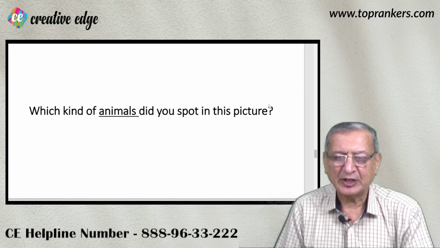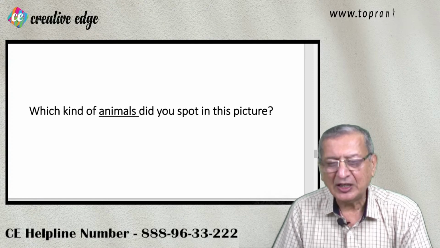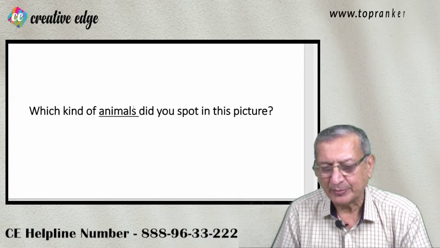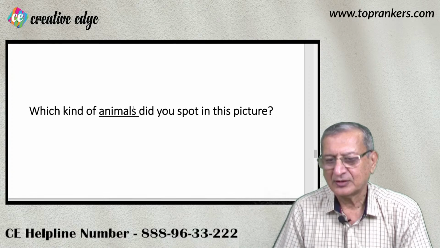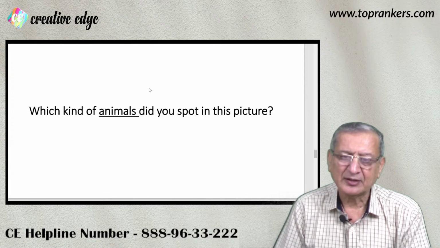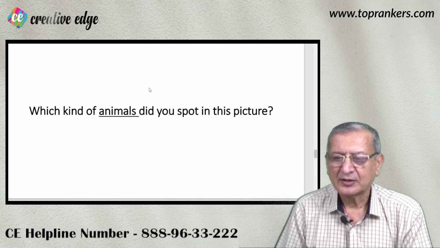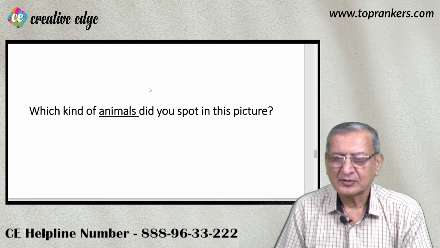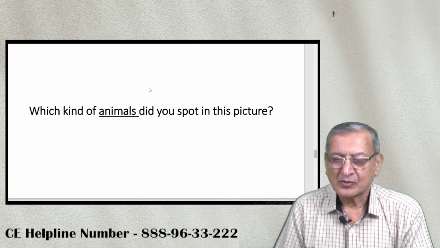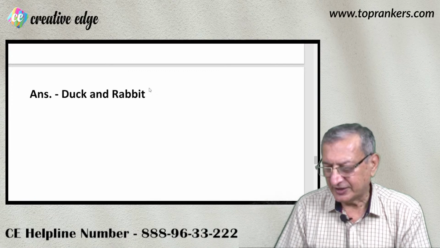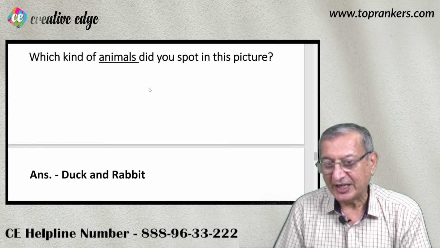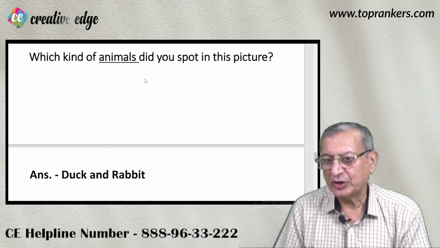Which kind of animal did you spot in this picture? Now I have underlined animals. They don't underline that. Duck and rabbit. Once I say animals, there have to be two animals.